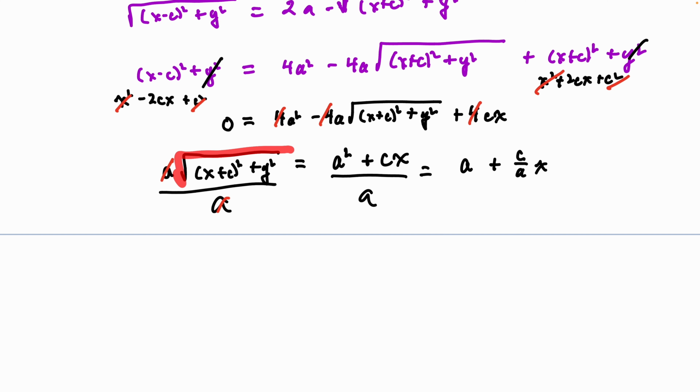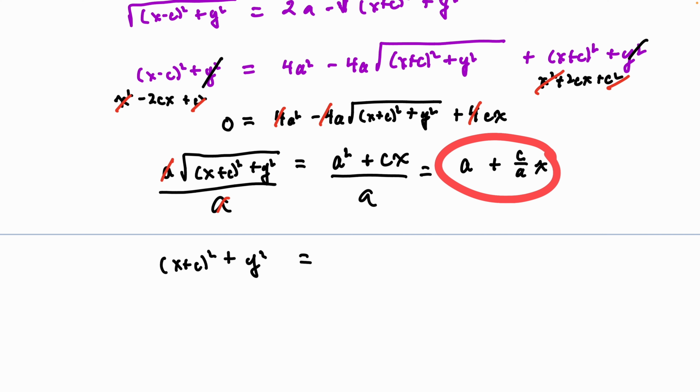So now that we just have the radical all by itself on the left-hand side, we'll square both sides. Left-hand side, we're just going to get the radicand. And the right-hand side, we have two terms that are being multiplied together. That'll give a squared. When you take a times c over a, that gives you c.